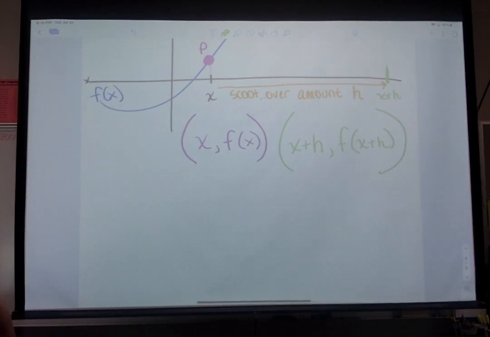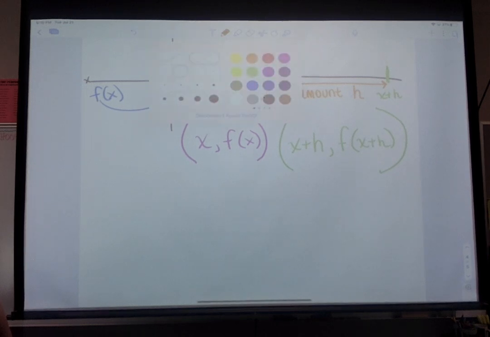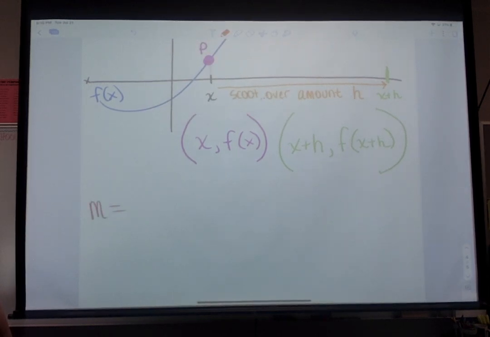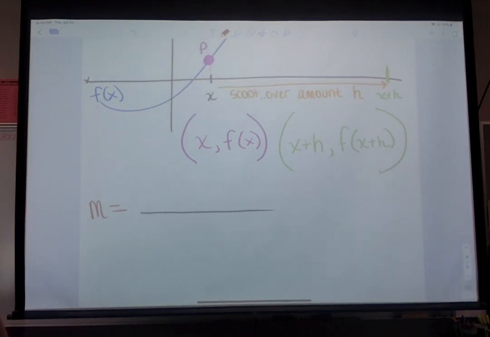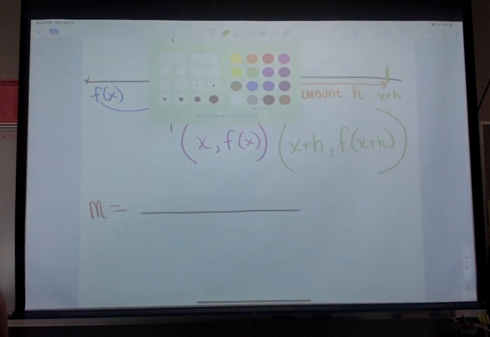Slope equals a big fraction. Okay, here we go. Ready? y2.